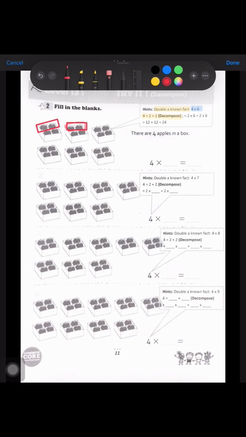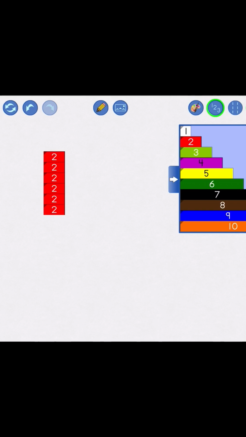So we try to find 2 times 6 first, and then we double 2 times 6 to find 4 times 6. We use skip counting to find 2 times 6: 2, 4, 6, 8, 10, 12. And then we double 2 times 6 to find 4 times 6.